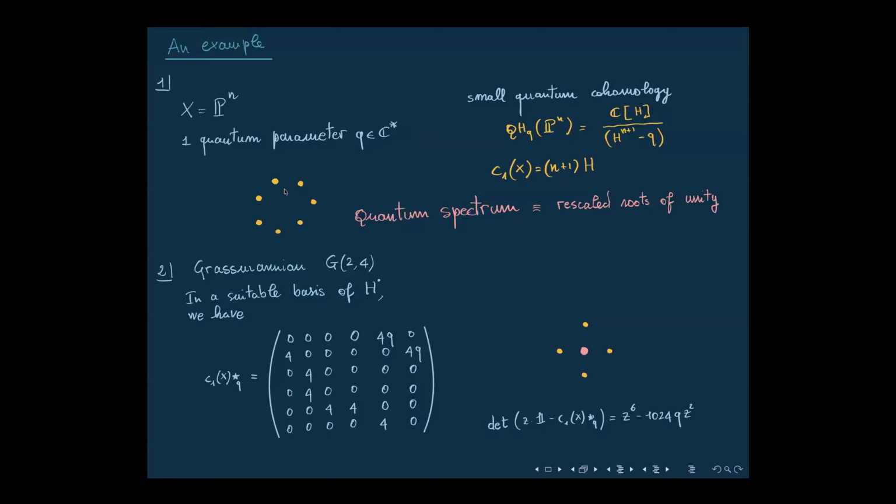Another example, the case of a Grassmannian, the simplest example, G(2,4). In G(2,4), in the Schubert basis, you can prove that the small quantum product by the first Chern class of X admits such a matrix representation.